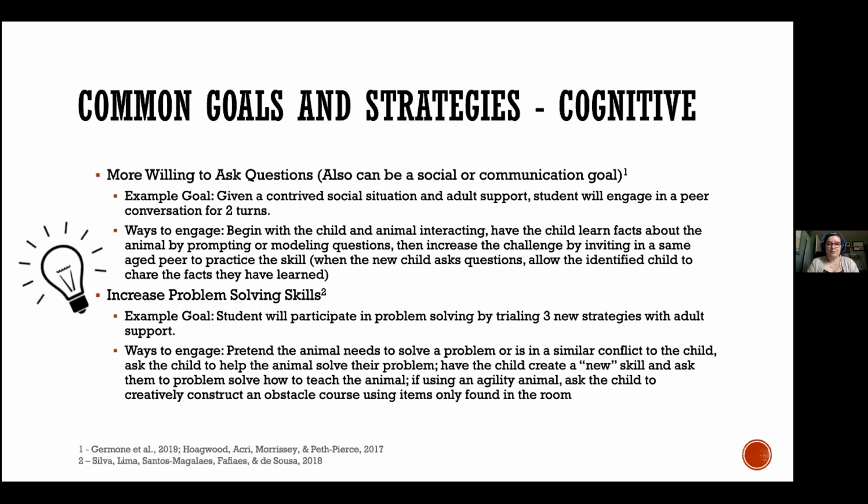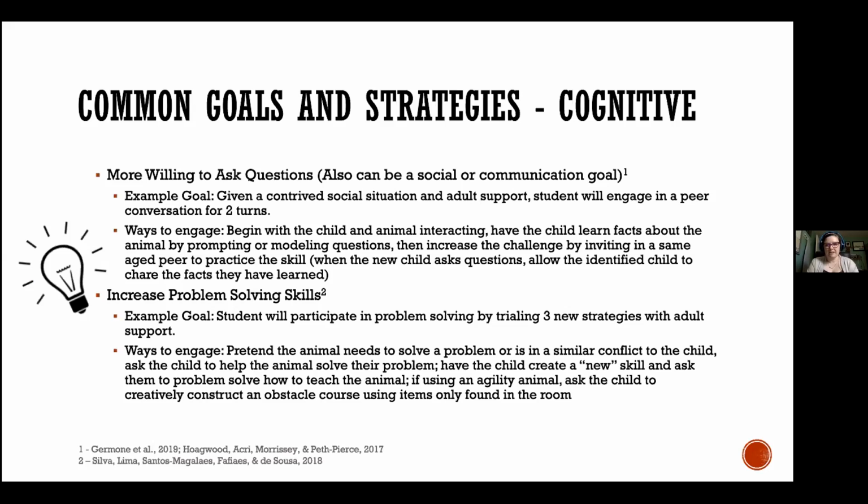And so turn taking and verbalization have been shown to increase when a canine is present. So whether you're using the animal directly in a therapy type setting, or if the animal is just present in the room, more of an animal assisted activity type session, both types have shown to have positive effects for kids with autism.